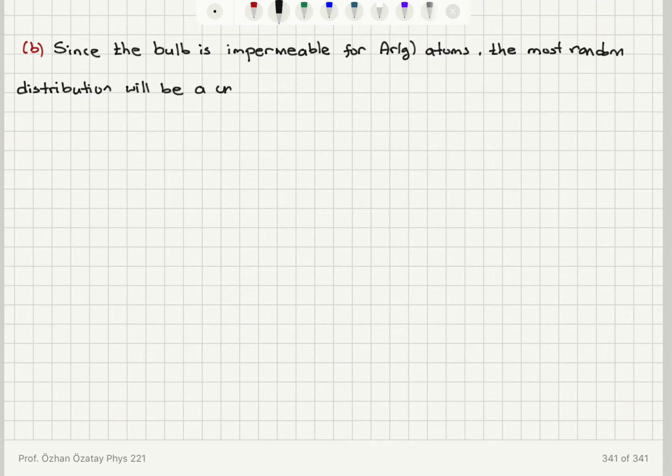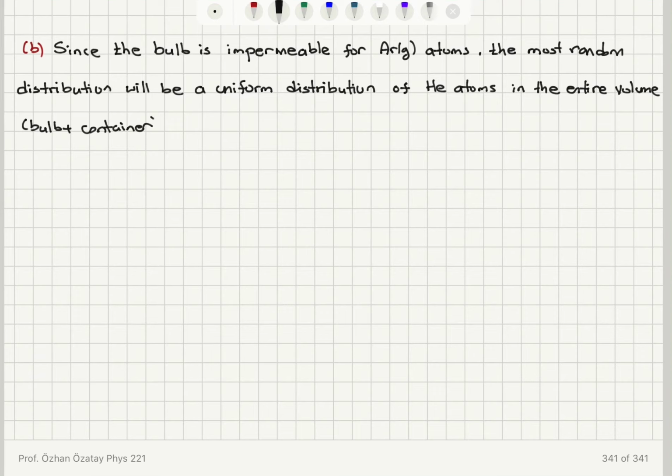a uniform distribution of helium atoms in the entire volume, which consists of the glass bulb and container, and we will have a uniform distribution of argon atoms inside the bulb.